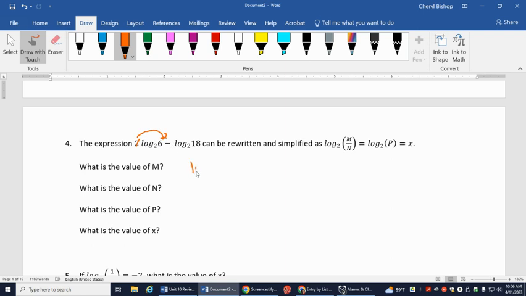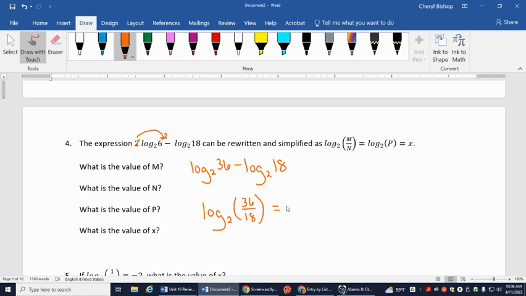So that is really log base 2 of 36 minus log base 2 of 18. Then when we're subtracting logs that have the same base, that's when we can take the two numbers and divide them. So it'll be log base 2 of 36, the first log, over the second log, 18.